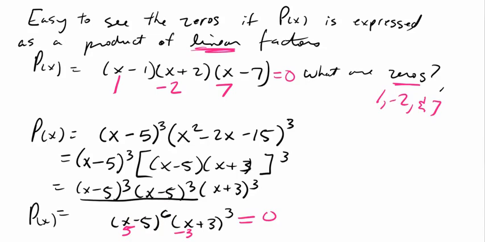So 5 is a zero, and its multiplicity is how many times it's repeated, because x minus 5 all to the 6th power is x minus 5 times x minus 5 times x minus 5, 6 times. And here we can see negative 3 is a zero, and its multiplicity is 3.